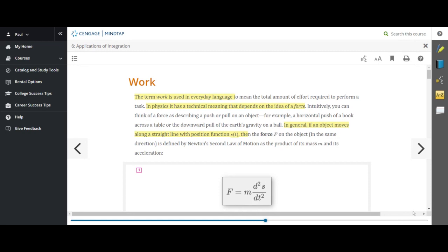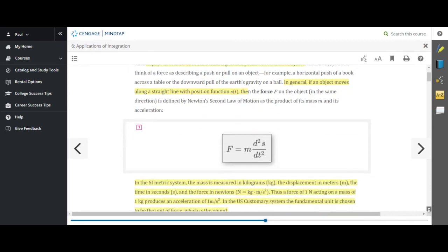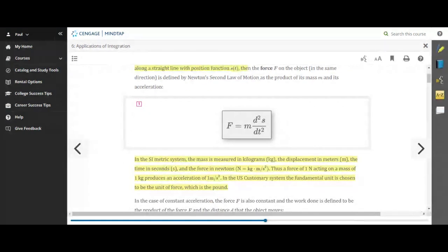So let's move forward here and talk about, I want to ease you into this chapter, because I know not everybody's had physics. So let's talk about units. In the metric system, mass is measured in kilograms.